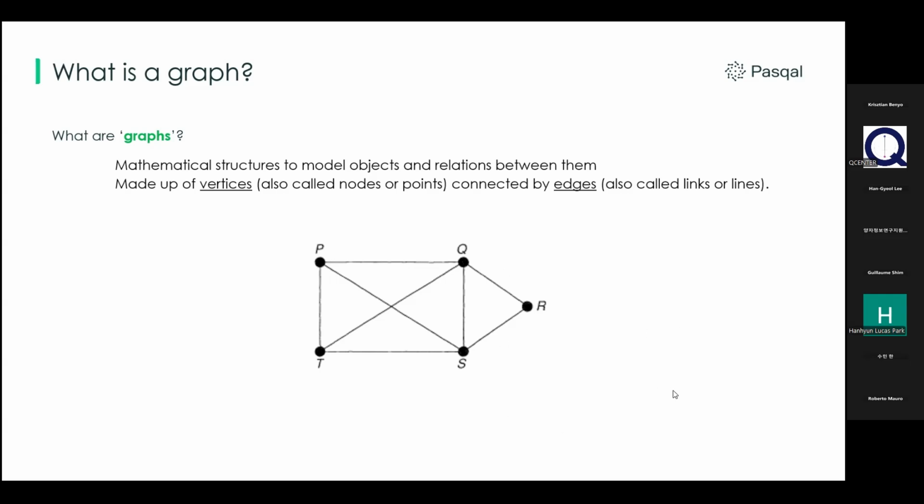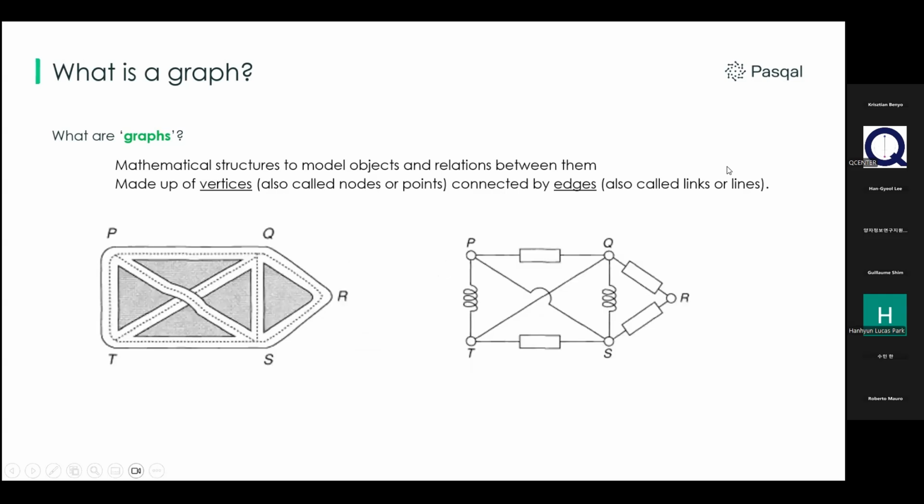So graphs are all around us. They are present in various different settings. I've taken the same illustration and represented it with two very different concepts. As you can see, the same graph can arise as really an itinerary on a map, a collection of roads and intersections or points of interest in between.